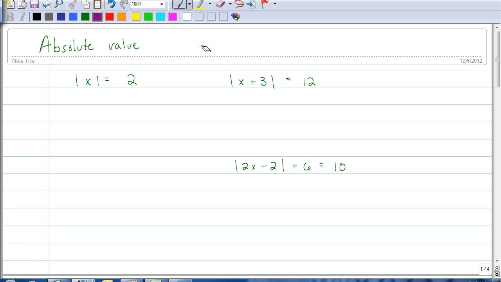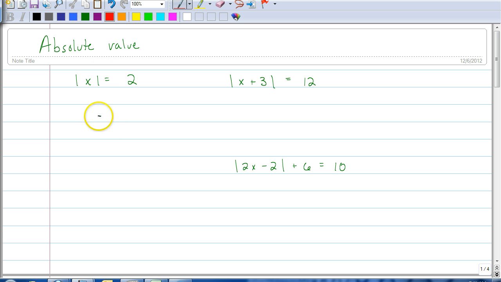So using that concept, let's look at this first example here. This first example is going to be a very simple concept, but if you can understand and grasp what this concept is referring to, it's going to make it easier to understand the rest of these equations. So ask yourself, what numbers can I put inside of this absolute value that would give me 2 as my answer?